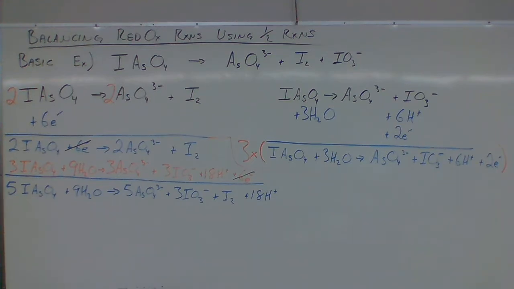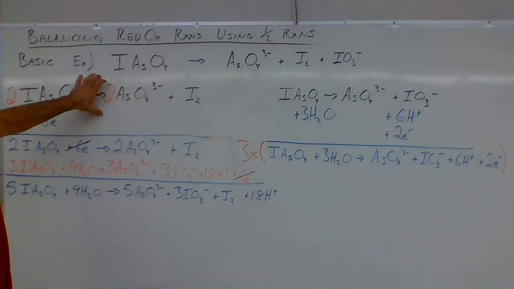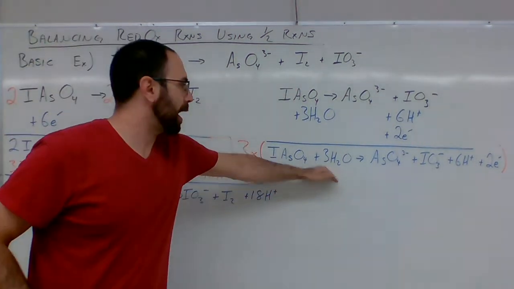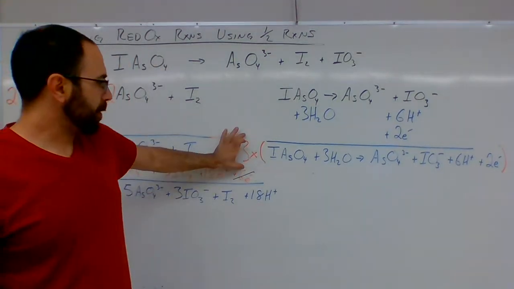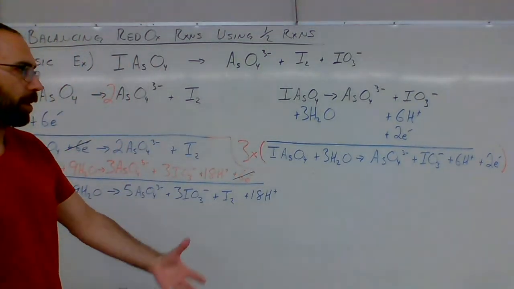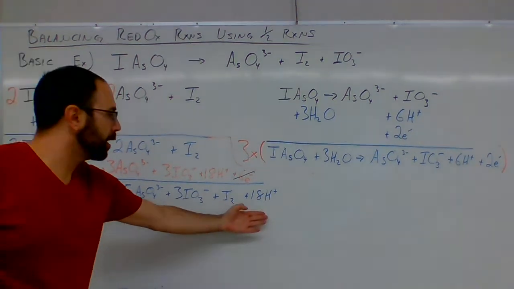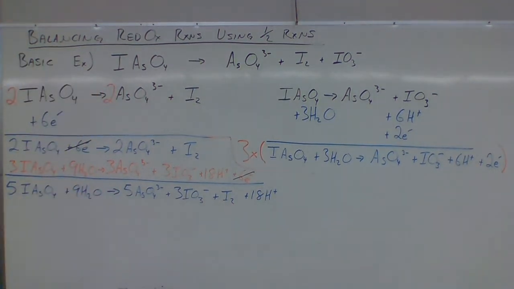Okay, so we broke this into our 2 half reactions. We balanced out those 2 half reactions. We multiplied by an integer so we can cancel out our electrons. And then I summed those 2 half reactions together into one overall reaction. Very similar to what we did in that first example.